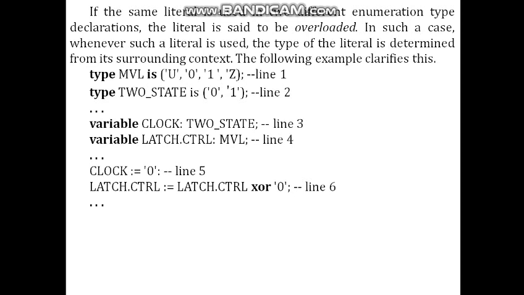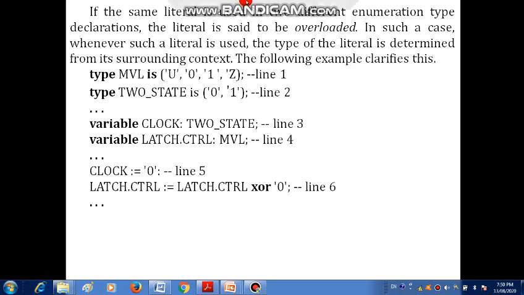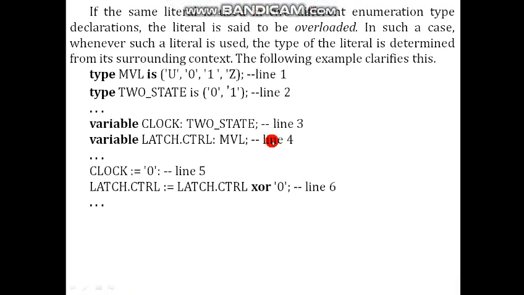If the same literal is used in two different enumeration type declarations, the literal is said to be overloaded. In such a case, whenever such a literal is used, the type of the literal is determined from its surrounding context.